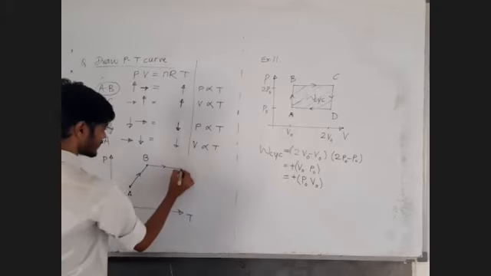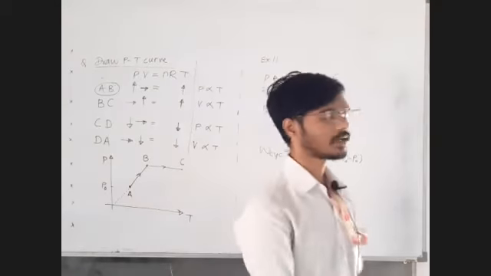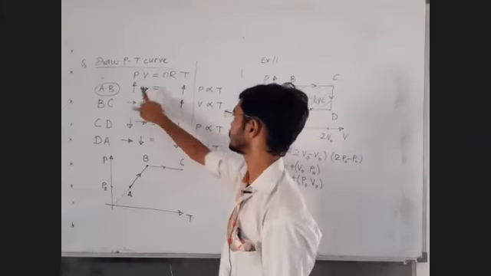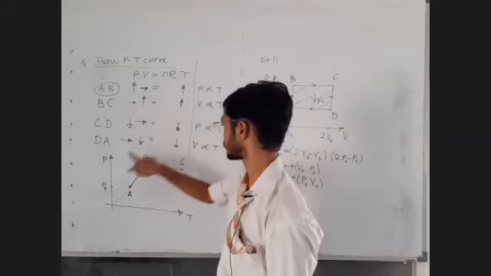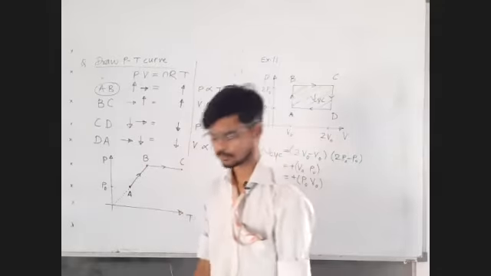Very simple curve. Is that clear? Second curve B to C. We have to think of pressure and temperature. Pressure constant, temperature increasing, B to C.